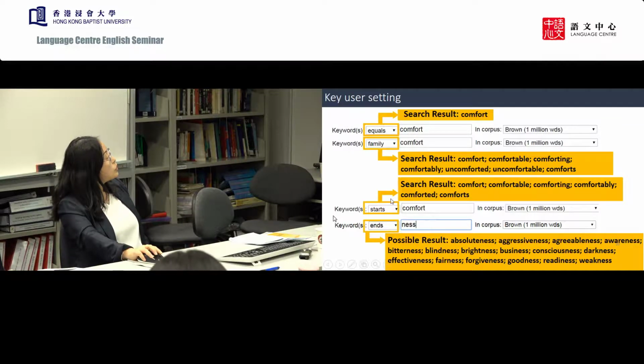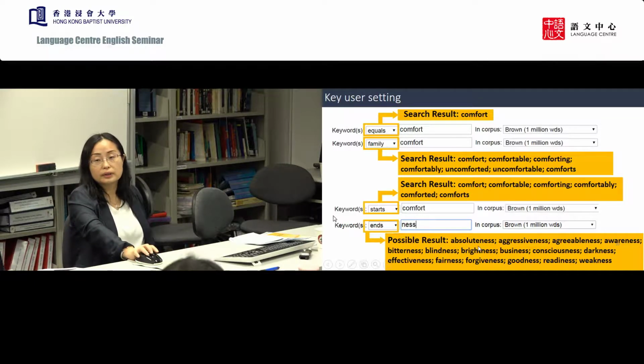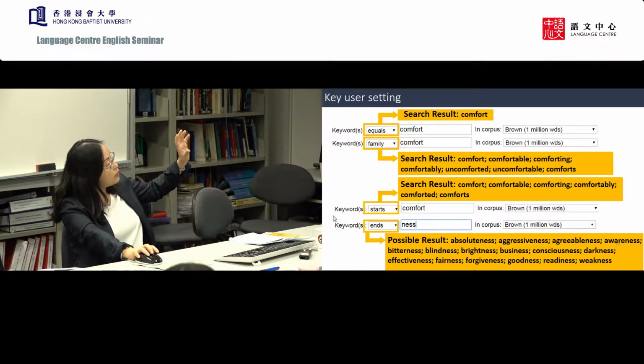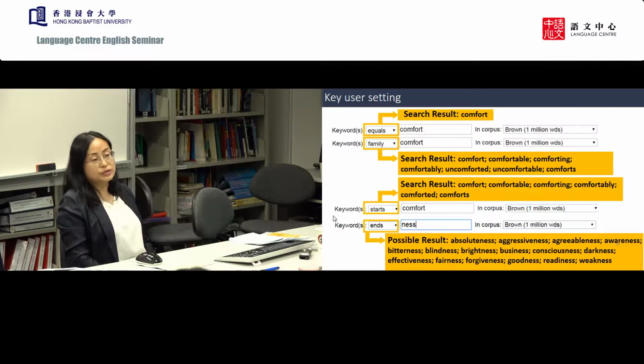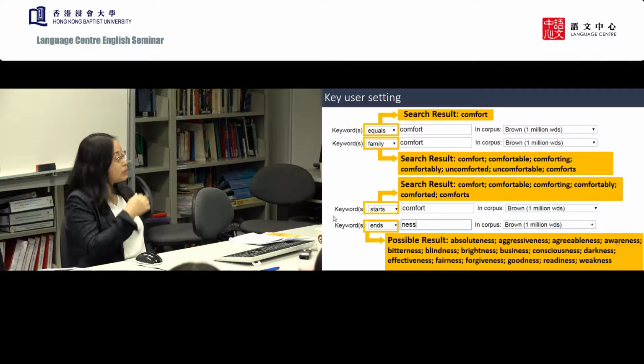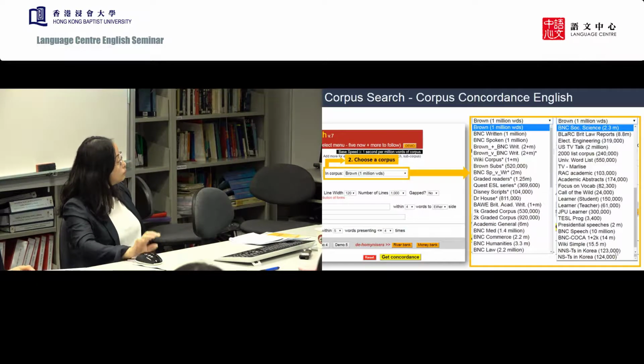Starts: you can search comfort, comfortable, comforting. Ends: for example, if you type NESS, you can search any words that end with this suffix. I think this search interface has more functions than other search engines. And then you have to choose a corpus.